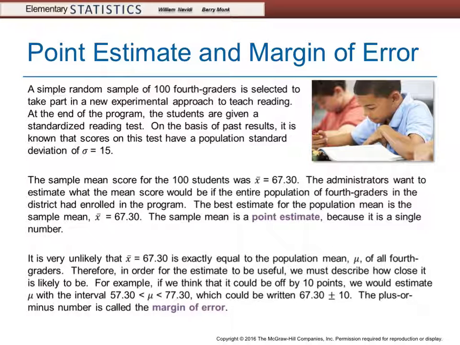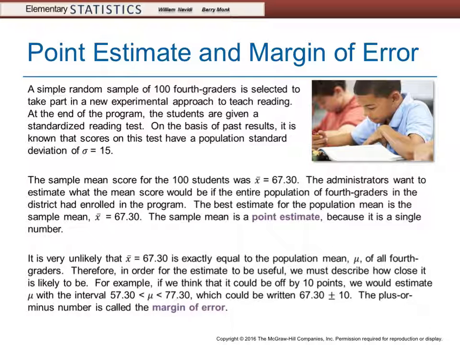The best estimate for the population mean is the sample mean, 67.30. The sample mean is a point estimate because it is a single number. It is very unlikely that x bar, 67.30, is exactly equal to the population mean mu of all fourth graders.